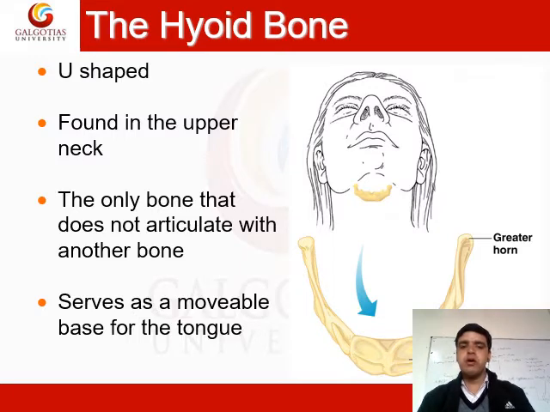Except this bone, all the bones articulate with at least one other bone. It also serves as a movable base for the tongue, and how our tongue moves is determined by the base provided by the hyoid bone.